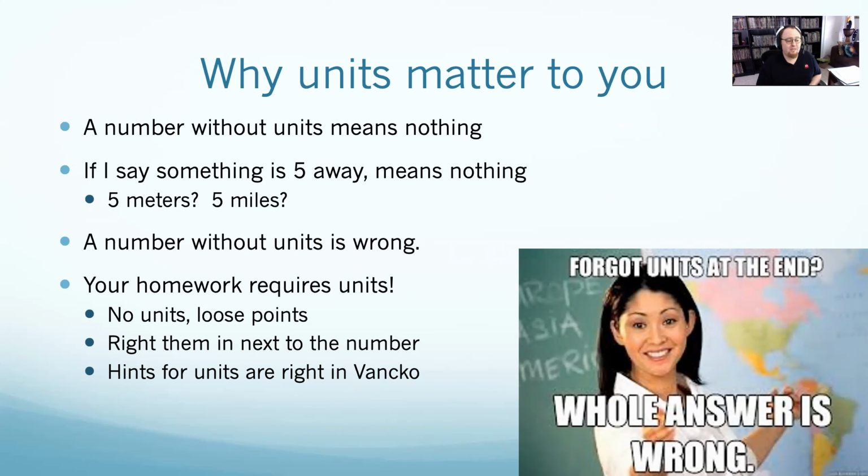The GIF or meme shows up when the numerical value is correct. So if you do not get a GIF or meme, the number is wrong, definitely. The units may or may not be wrong. If you get a GIF or meme and it does not give you full credit, that means your value is correct, your units are wrong. Fix your units.